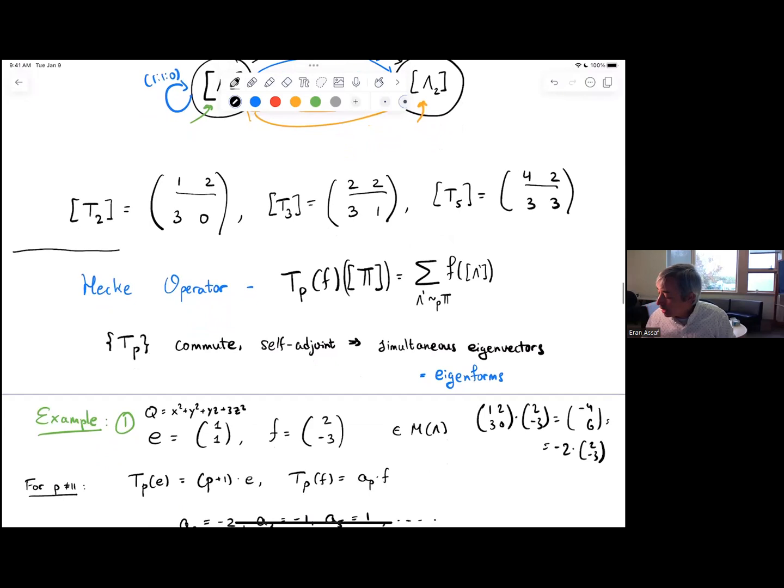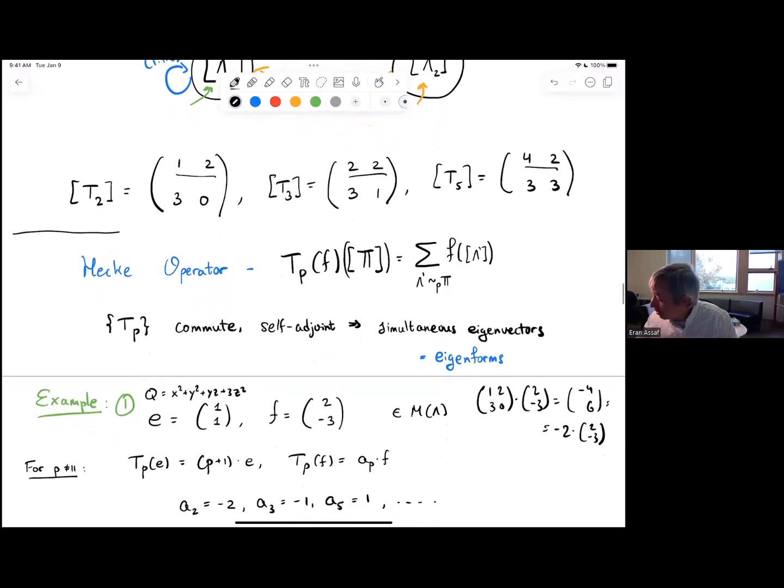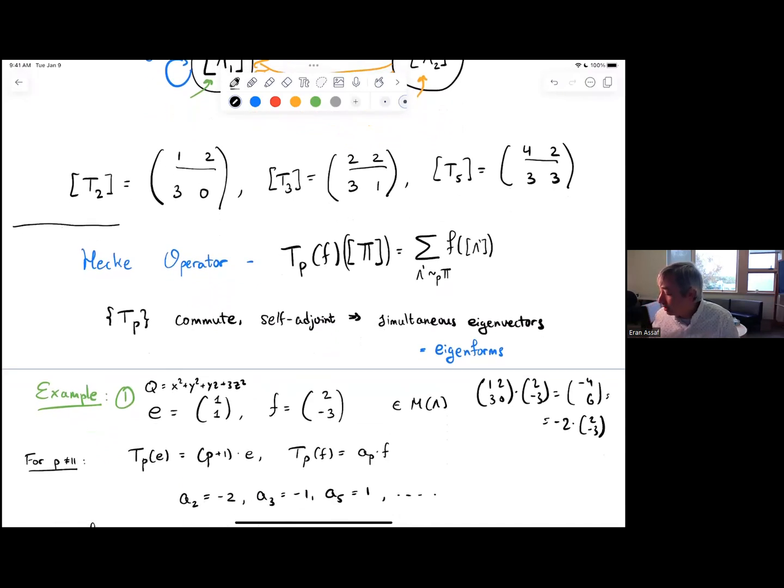Okay, and for all primes that are not 11, we see that this first trivial eigenform always has eigenvalue of p plus 1, and the second has an eigenvalue which is some number a_p, where a_2 is minus 2, a_3 is minus 1, a_5 is 1, and so forth.